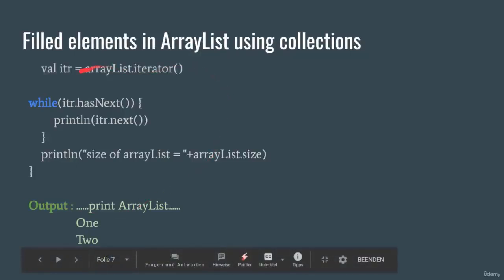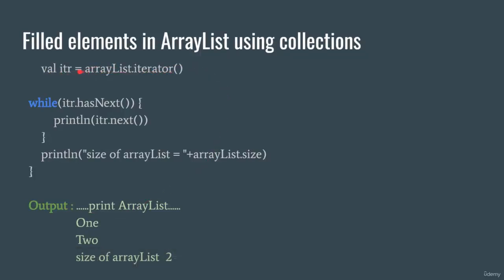Then we use an array list iterator called itr in our case. And we say as long as this iterator has something, so as long as our array list has another entry in there, we want to run this while loop. So we're just printing itr next, so the next entry in our itr, which in this case means in the array list iterator, which pretty much means in the array list itself.